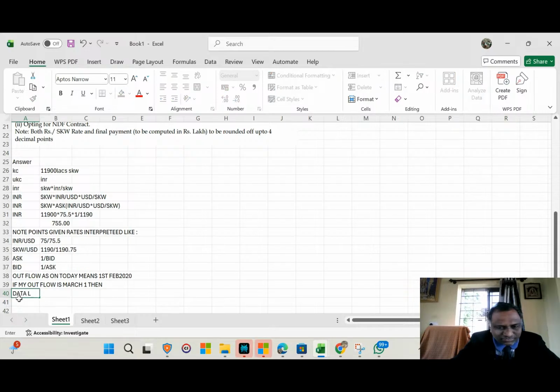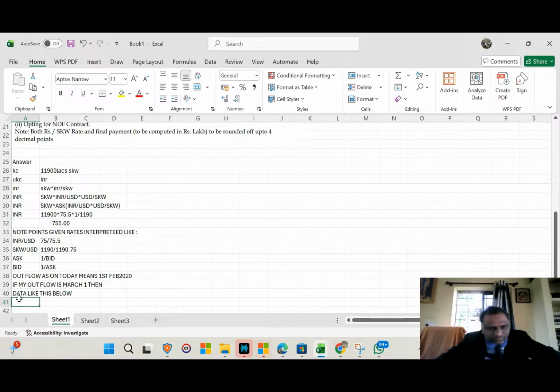then the data is like this below. Come down, friends. Here, what we could answer is same as this, but the rates we need to take as on 1st March data. Let's go for 1st March data. We'll see the rates.